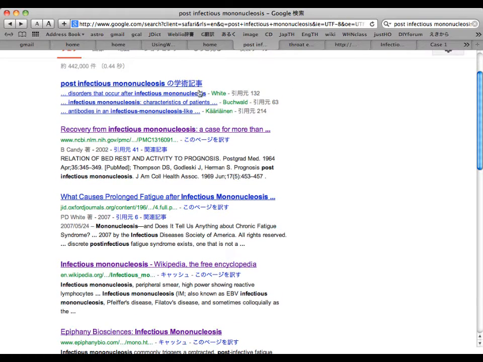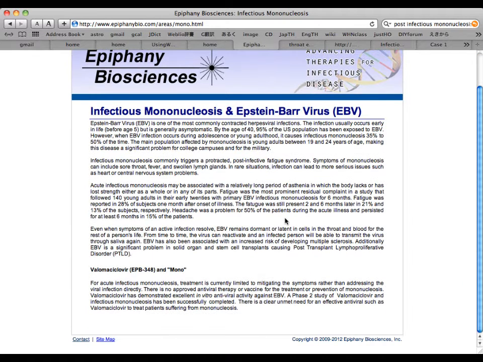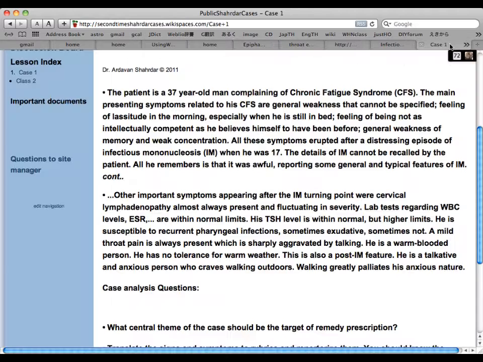These are medical studies, and they would be hard for me to read right from the beginning, but this one wasn't so hard to read. The one thing that I noticed in this description was that this post-mononucleosis time is supposed to be 6 months or something like that, but it says that it can affect a person their entire life. And so, we may have that kind of case, right?